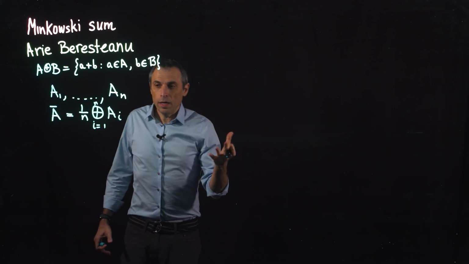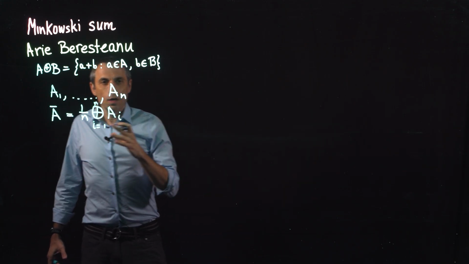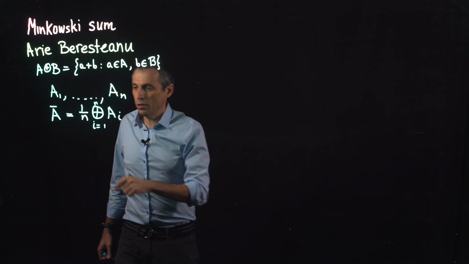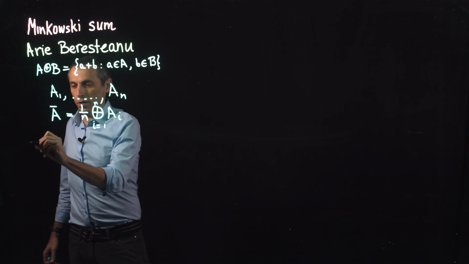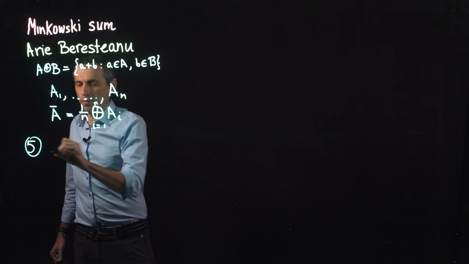Second thing that is going to be useful when you think about partial identification is the following property, number 5.